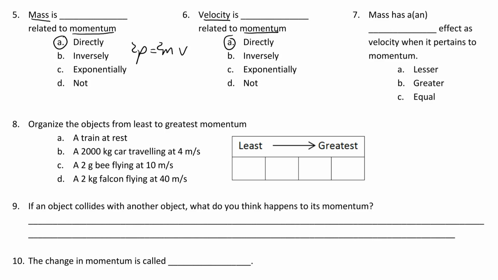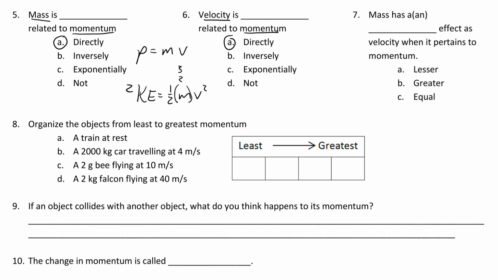As opposed to, like, we used kinetic energy, so KE is equal to 1/2 mv squared. In this case, the velocity has a greater effect on the kinetic energy, because if you double the velocity, it multiplies it by 4. If you triple the velocity, it multiplies it by 9. Whereas if you double the mass, the kinetic energy only doubles.